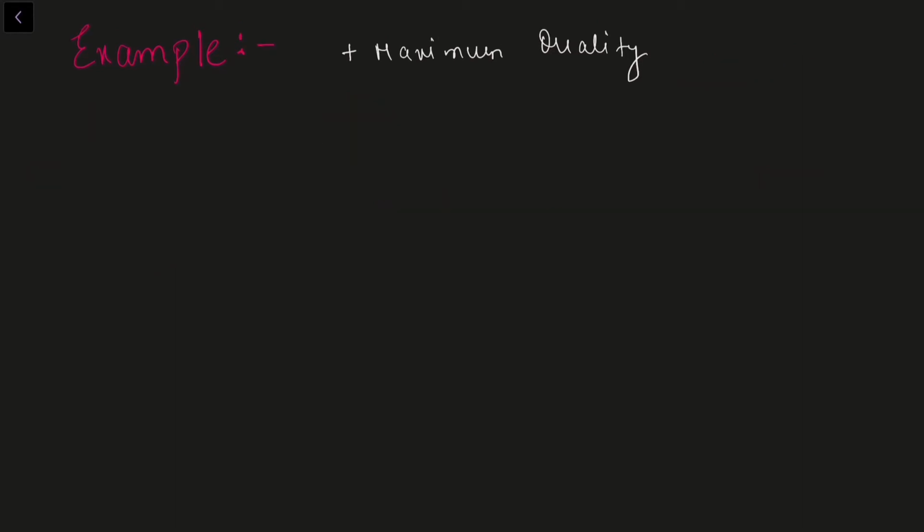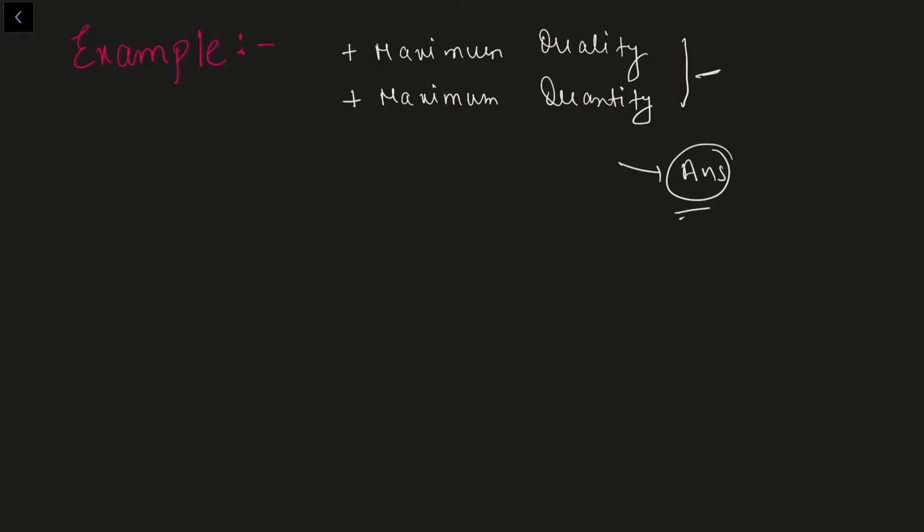Now one thing to notice with this example test case is that at each point of time, from the given number of elements, we are selecting the one with maximum quality, and out of all those elements, we are selecting the one with maximum quantity, right? And after selecting this element, we are adding the maximum quantity to the answer, and after that, I'll get all the elements which have the quality equal to maximum quality, and I'm going to remove those elements, right?